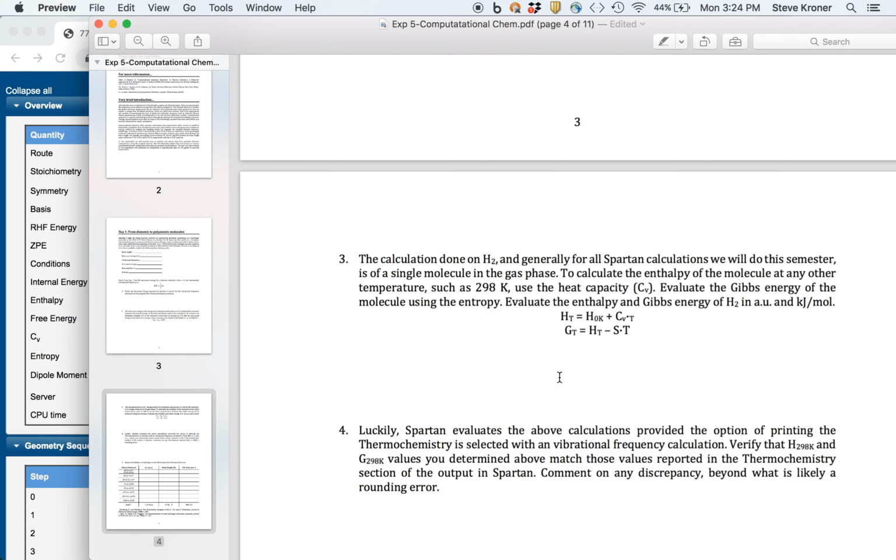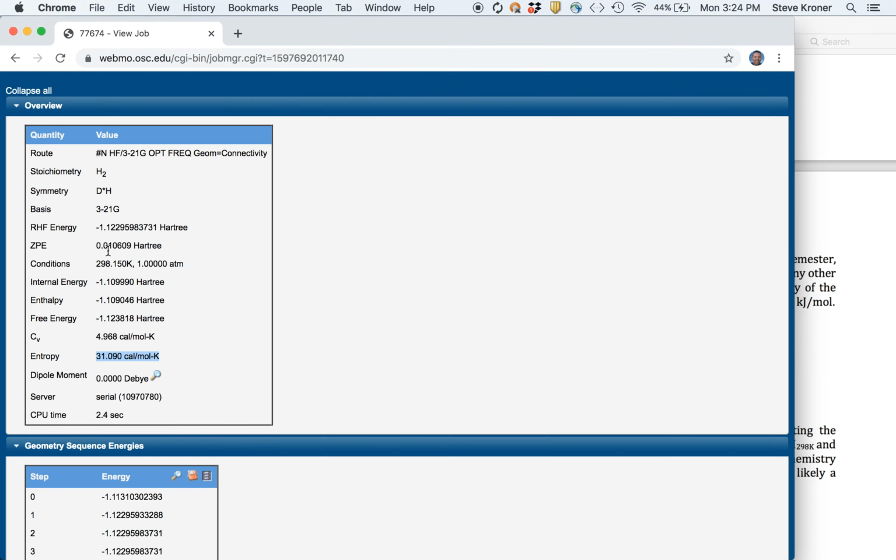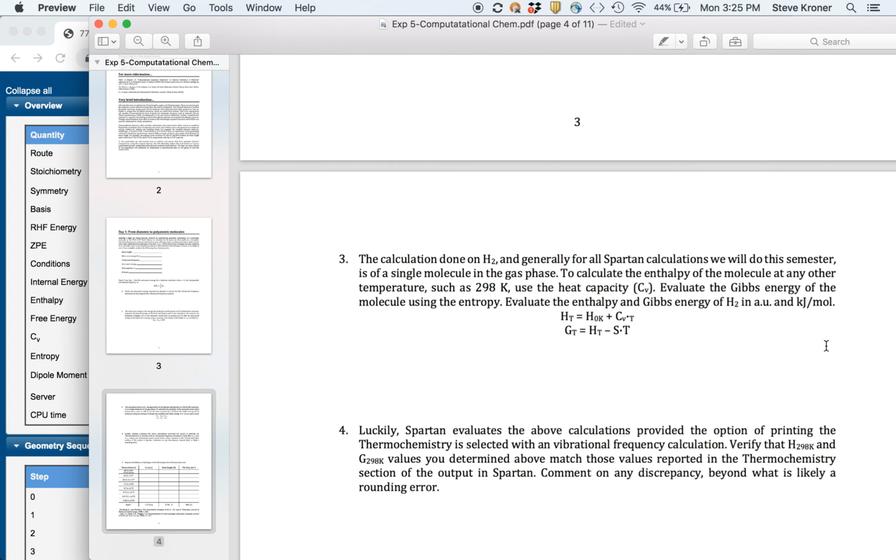Do some kind of conversion to put the H0K into the same unit as Cv times T. And then likewise for solving for the Gibbs energy, what you should be able to do is show that the enthalpy here, this number of Hartrees here, can be found by taking your zero point energy plus the ZPE, and then adding the heat capacity term. And the free energy term here would be the G, which should match up by taking the H at 298K and then minus S times 298K.